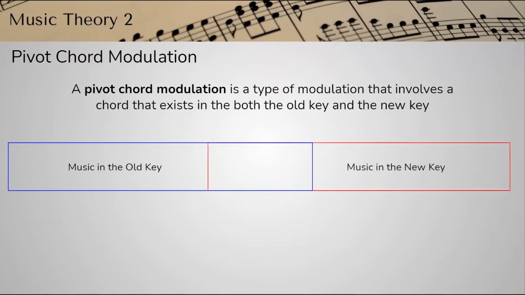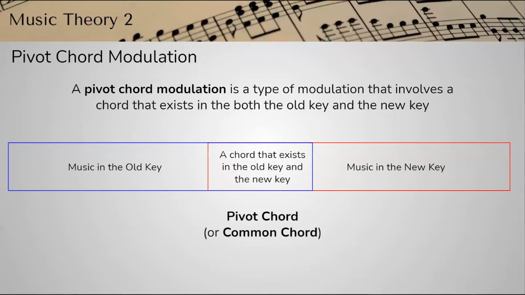Then after the modulation, you'd have music that's in the new key, that's represented by this red box. And then in the middle is our pivot chord, which is a chord that exists in both the old key, the blue key, and the new key, the red key. And this is what we call a pivot chord or a common chord. So a pivot chord modulation is just a change of key that's through a pivot chord, a chord that is in common between the two different keys.